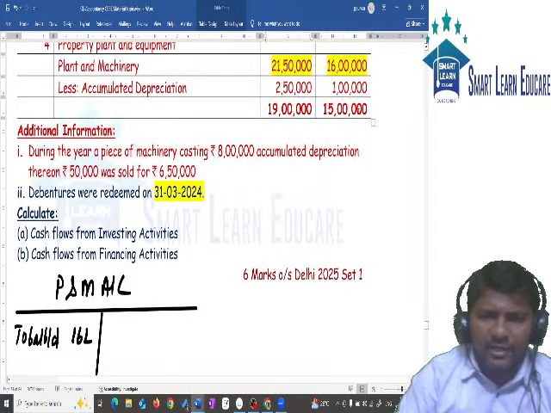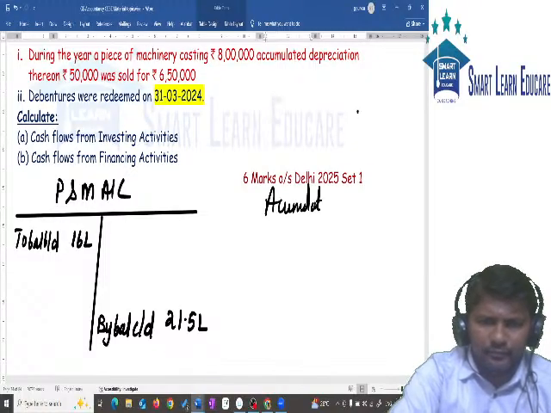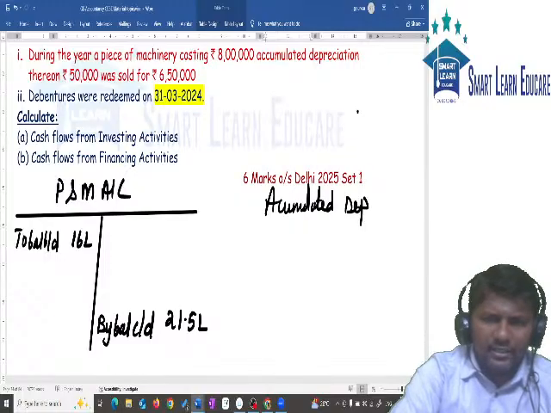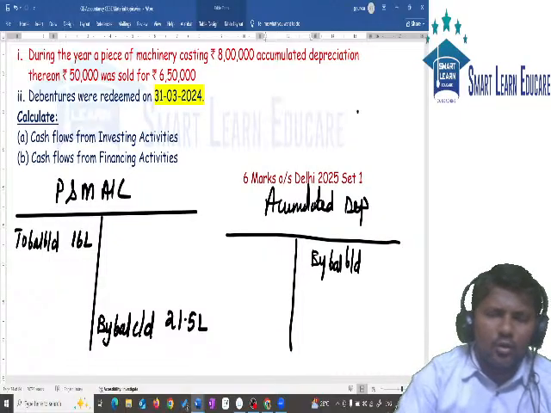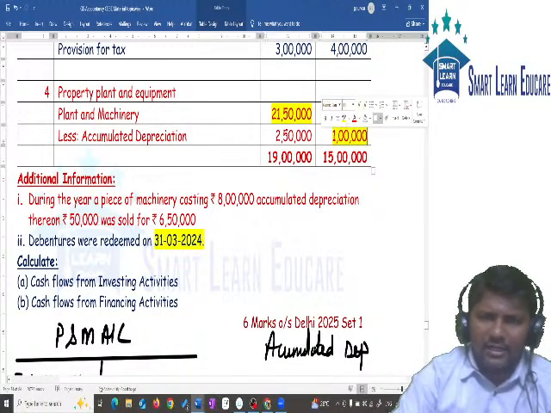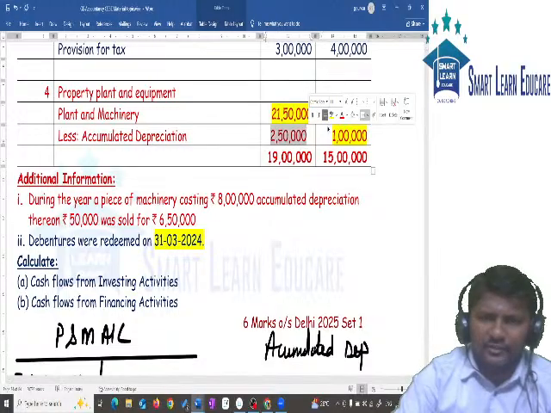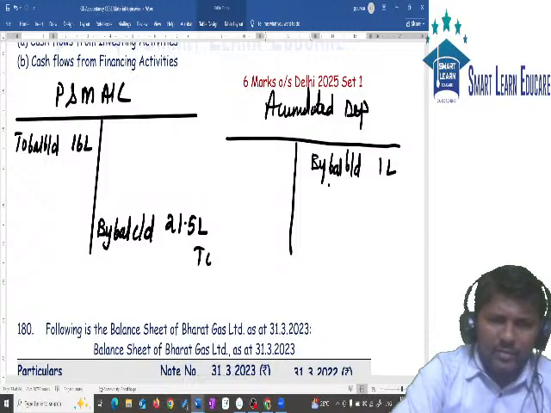Opening balance of liability 1 lakh. Provision for depreciation or accumulated depreciation. Opening balance, by balance brought down, it is 1 lakh. Closing balance it is 2 lakh 50. Opening balance 1 lakh. Closing balance, to balance carry down, it is 2 lakh 50.